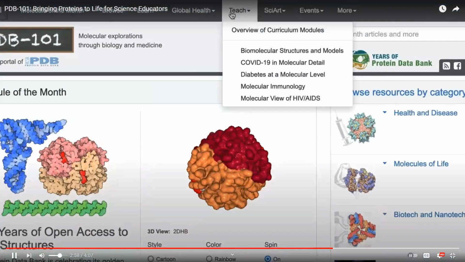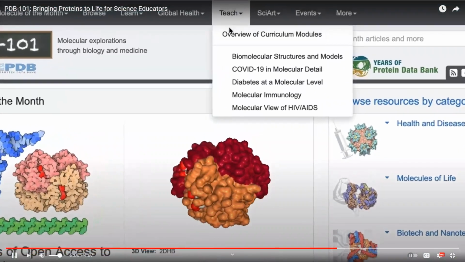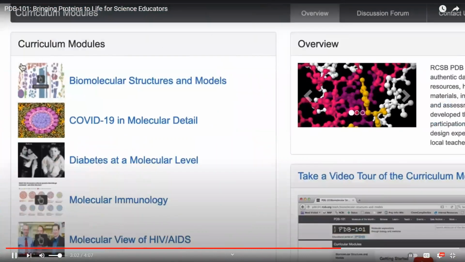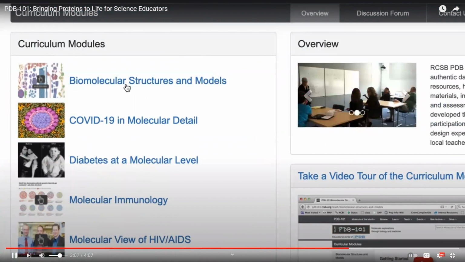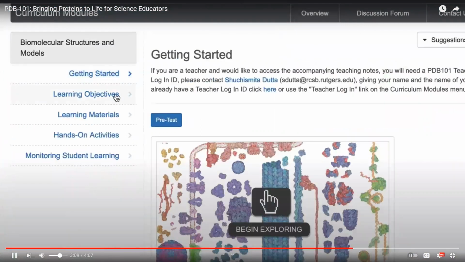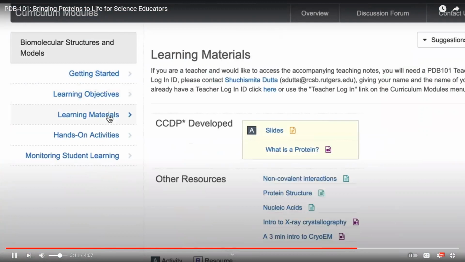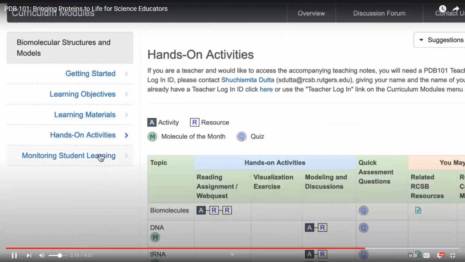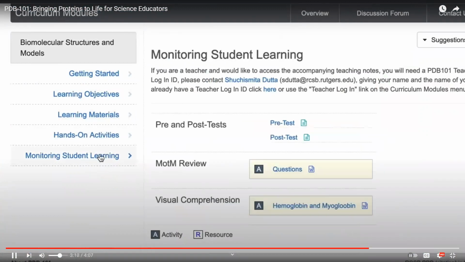PDB101 also offers a variety of comprehensive curricular modules under the Teach tab, covering topics ranging from biomolecular structures and models to molecular immunology. These modules are fully outfitted with learning objectives, hands-on activities, and before and after tests that enable teachers to assess student understanding.